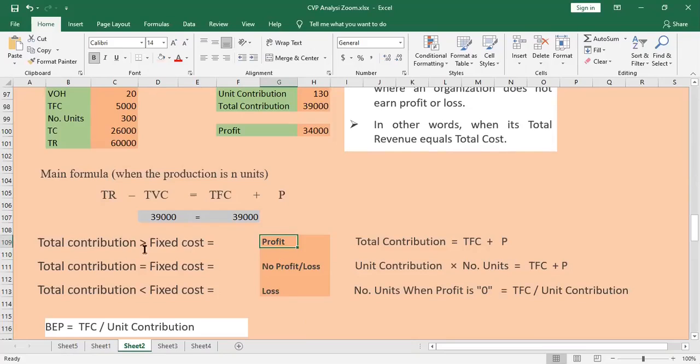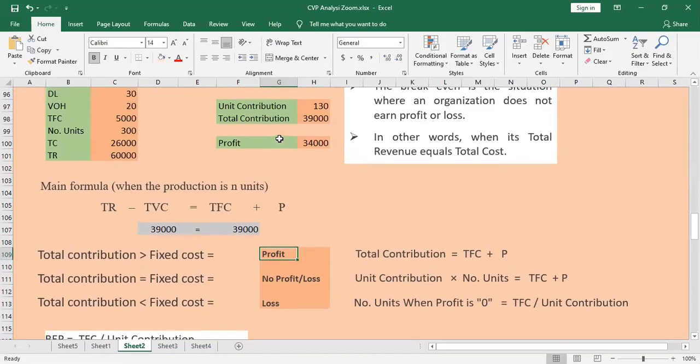Understood? When you have higher contribution compared to fixed cost, you are making a profit. We have the same situation here. Your fixed cost is 5,000, your contribution is 39,000. So you are making a profit.